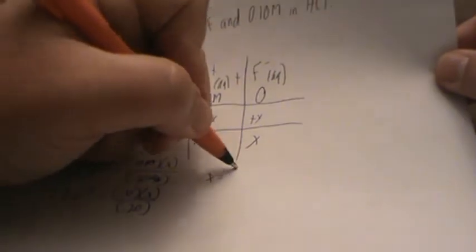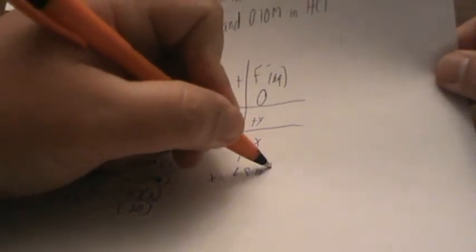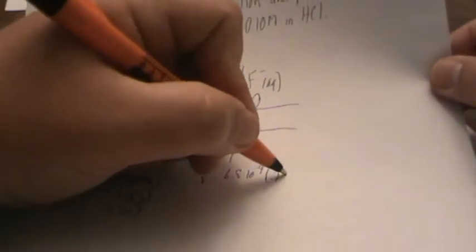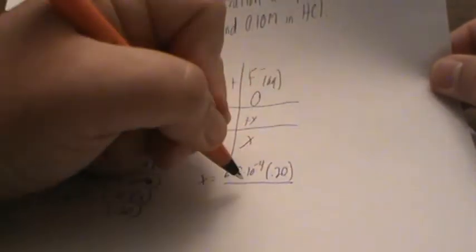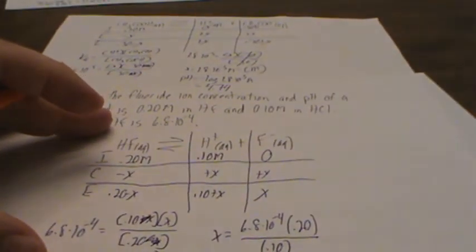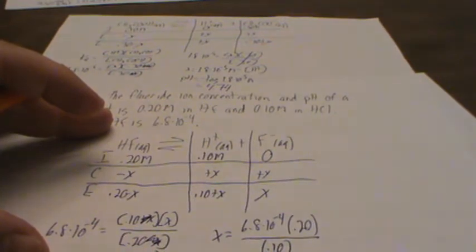So we can find out that X is going to be equal to 6.8 times 10 to the negative fourth times 0.20 all over 0.10. And what does X come out to be numerically? So 6.8 times 10 to the negative fourth times 0.20 divided by 0.10.